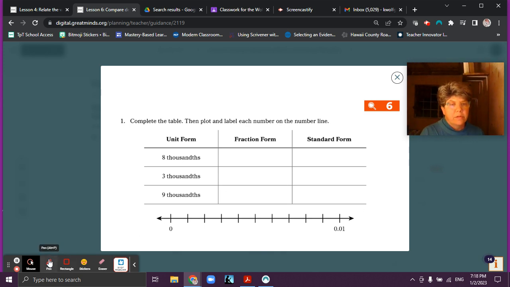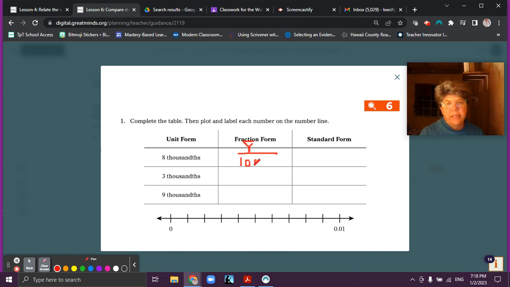8 thousandths as a fraction form, 8 over 1,000. You're probably writing a lot faster than I am. That's fine. You can keep on going. And 8 thousandths as a standard form, just practicing our decimal place value.